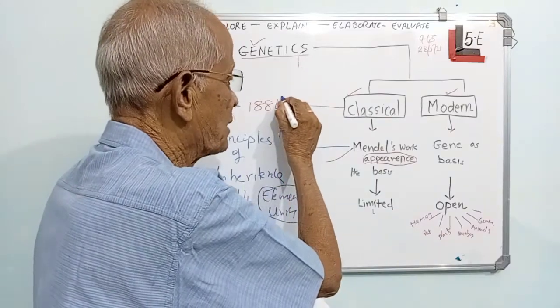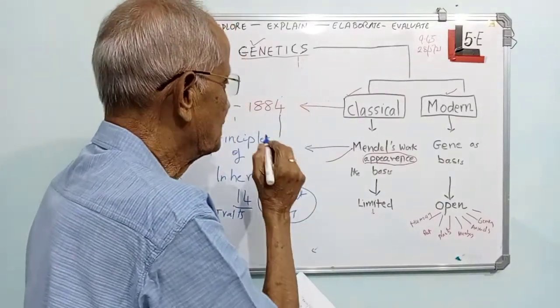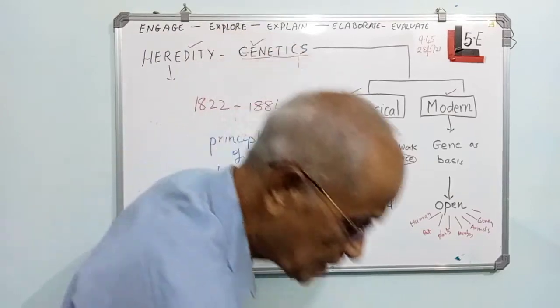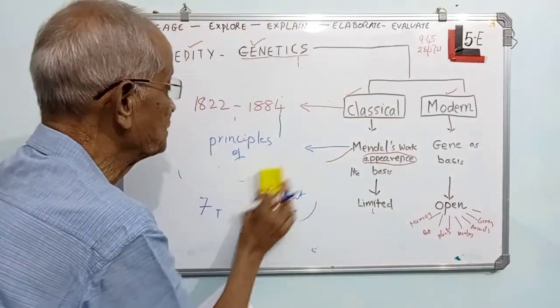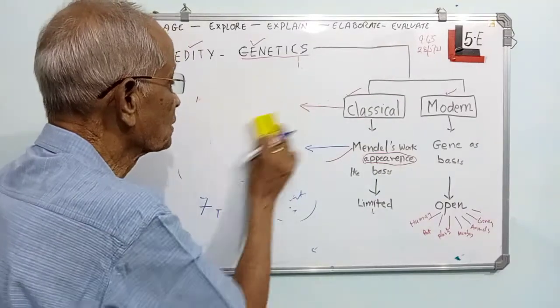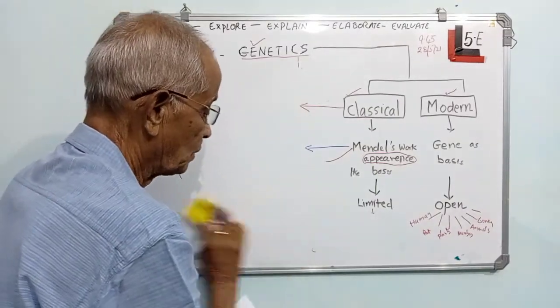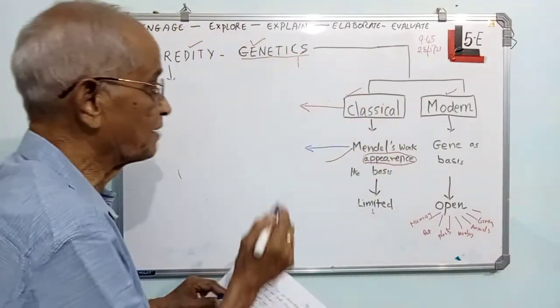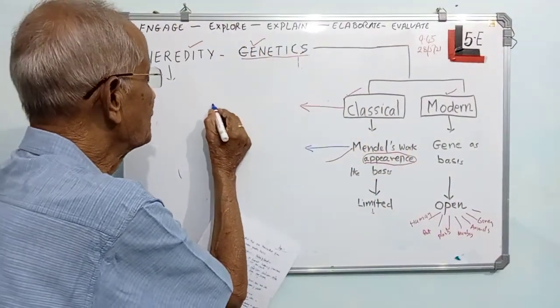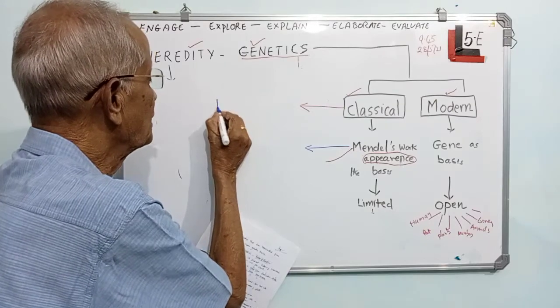by this time people started finding out more and more about the cells, and more about what is inside the cell. So by around 1884 or 85 or 86, they discovered the nucleus.